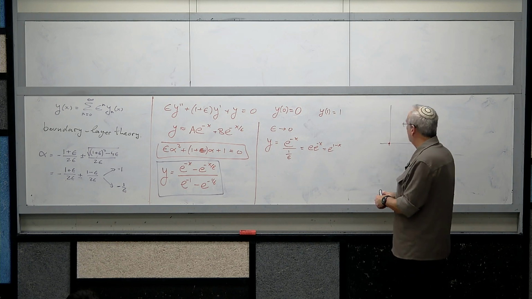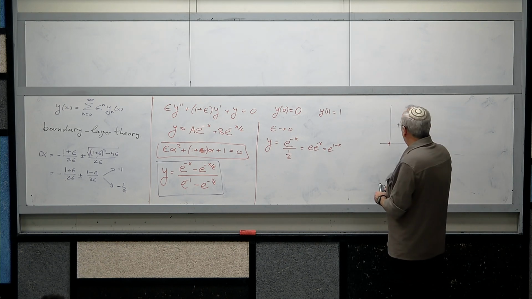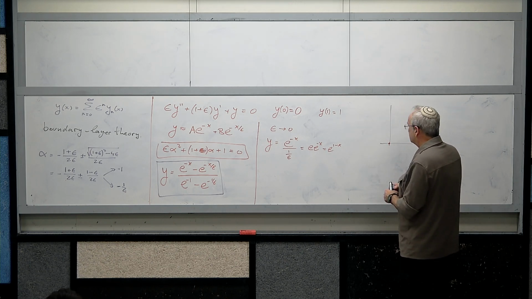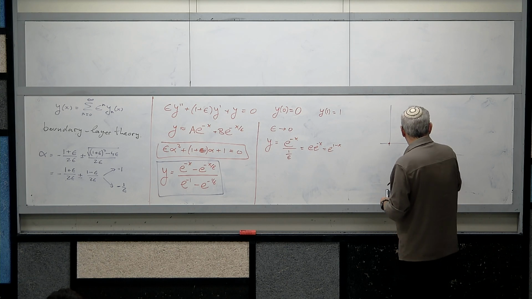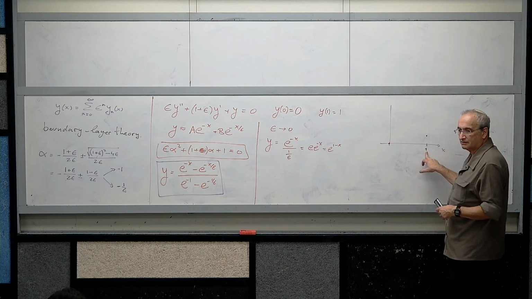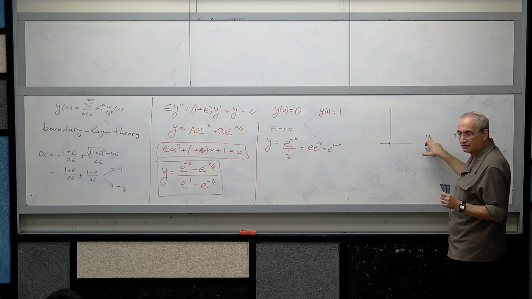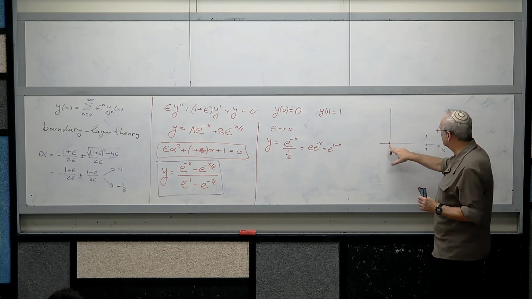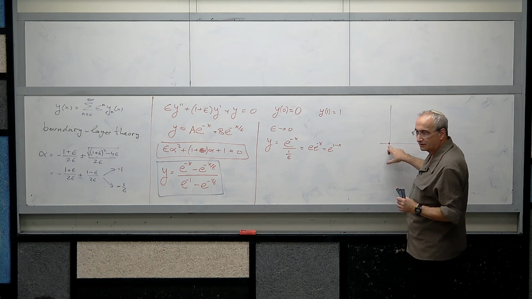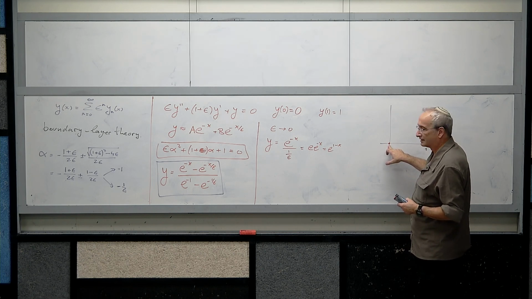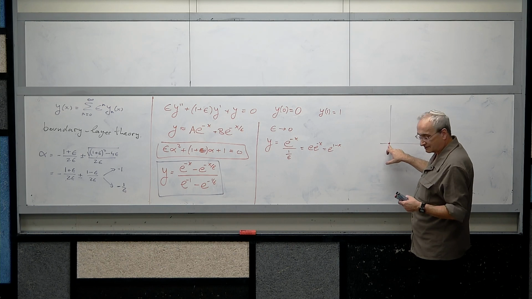Okay? So how does this function look like? First of all, at x equals 1, how much is that? 1. So it satisfies the right boundary condition, but what's the problem? It does not satisfy the left boundary condition, because to the left we have e to the 1 instead of 0.